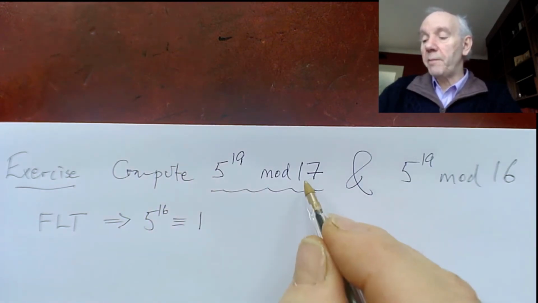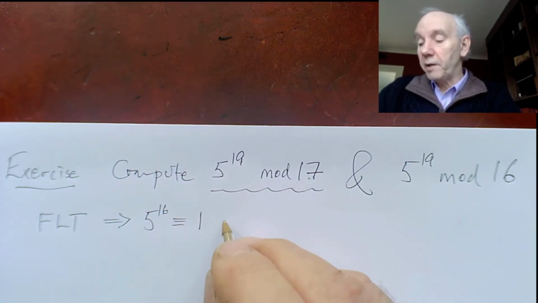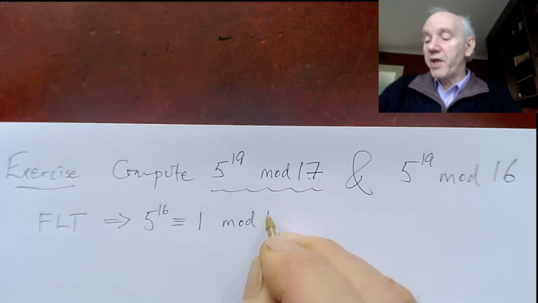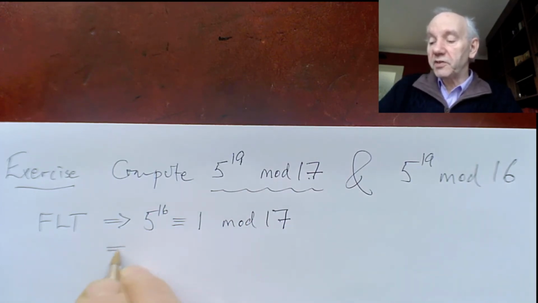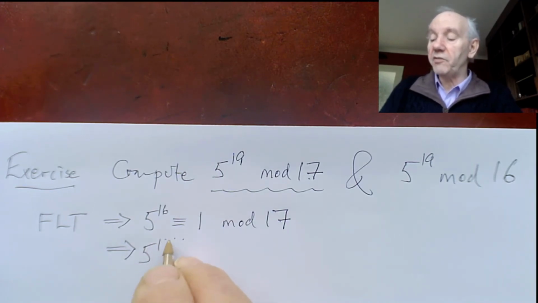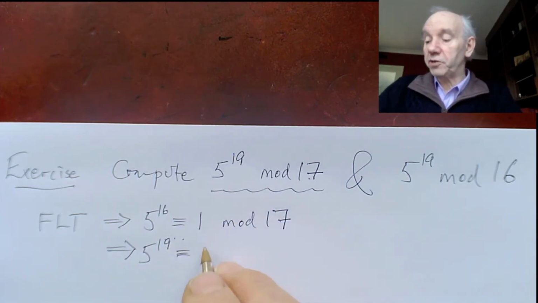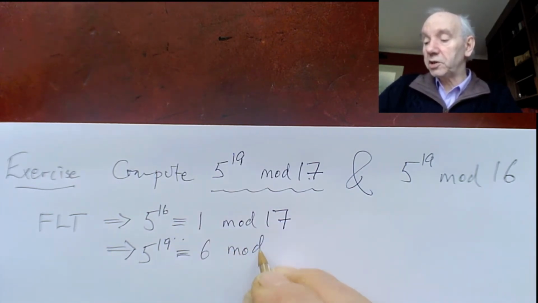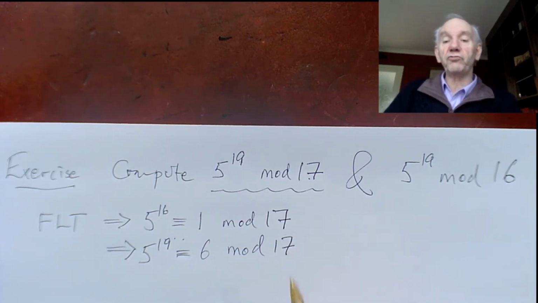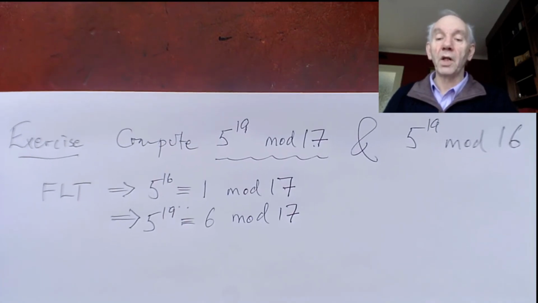You take the prime minus 1, which is 16, is equivalent to 1 mod the prime. And from there, it's quite easy to deduce that 5 to the 19, you've just got to cube 5 and do that mod 17. It's going to be equivalent to 6 mod 17. So this example had nothing to do with what I was talking about today. It was just to remind you to use Fermat's Little theorem whenever you can.